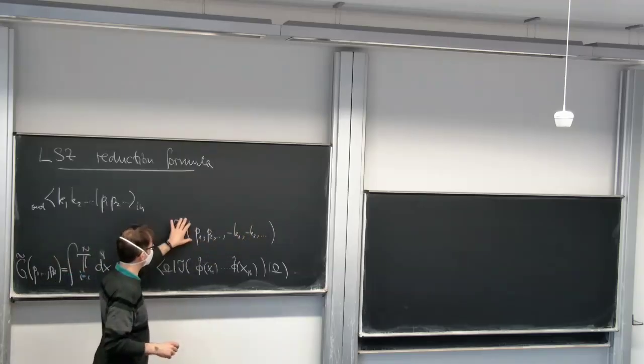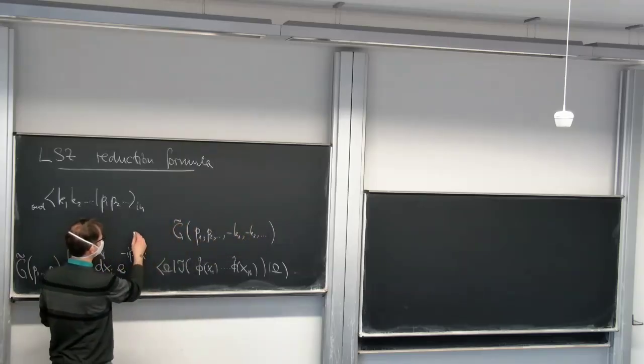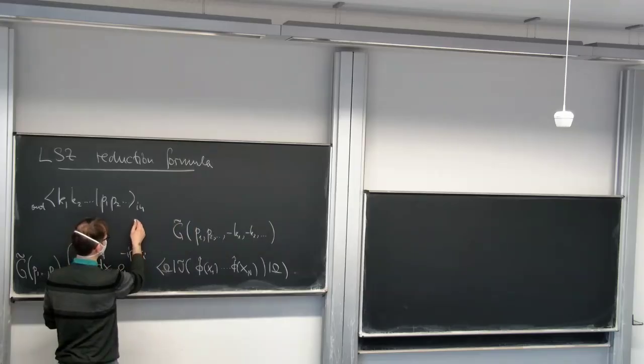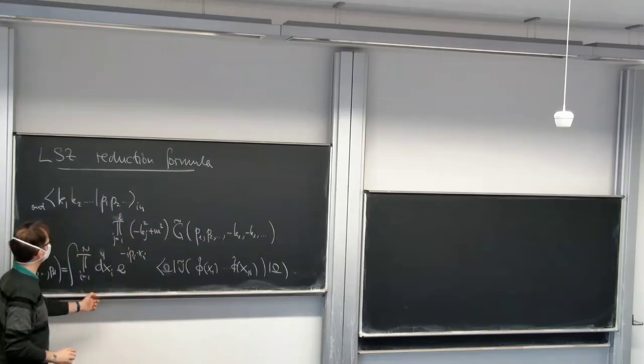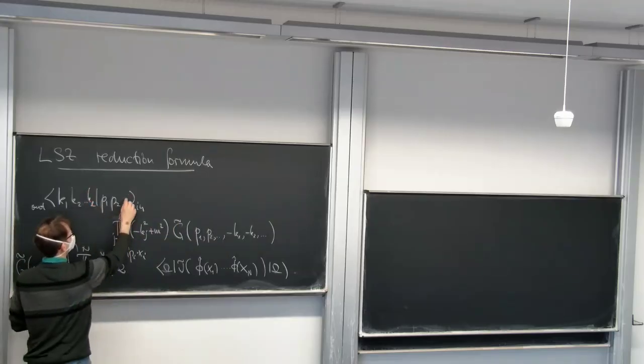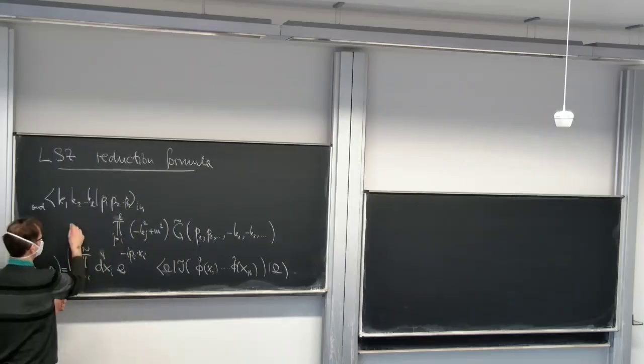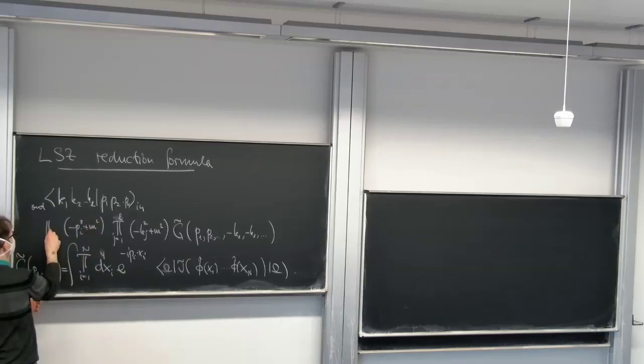So there will be infinities in this, and we multiply by zeros: minus k_j squared plus m squared for all the outgoing ones, j from 1 to l, say, and then for all the incoming, p_i squared minus m squared, product over i from l+1 to n, and then there's a factor of i for every leg, and that's that.